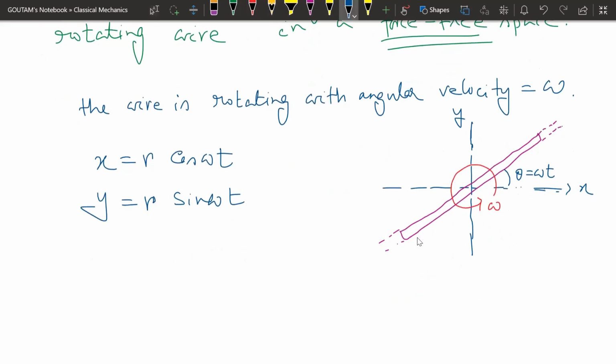So then the kinetic energy will be half m r dot square plus r square omega square.